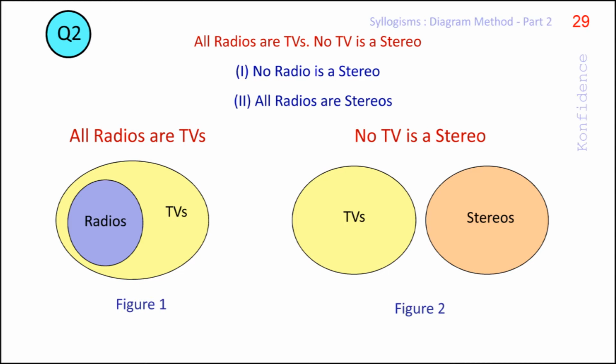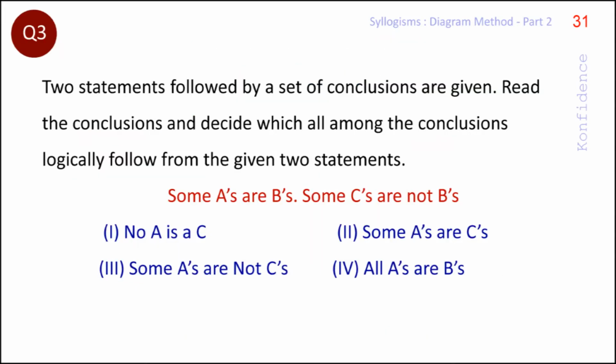So we can see that among the two given conclusions, the first one, no radio is a stereo, is a valid relation. The second one, all radios are stereos, will not be valid as there cannot be an overlap between the two. So the answer is conclusion 1. No radio is a stereo. Now refer question Q3.